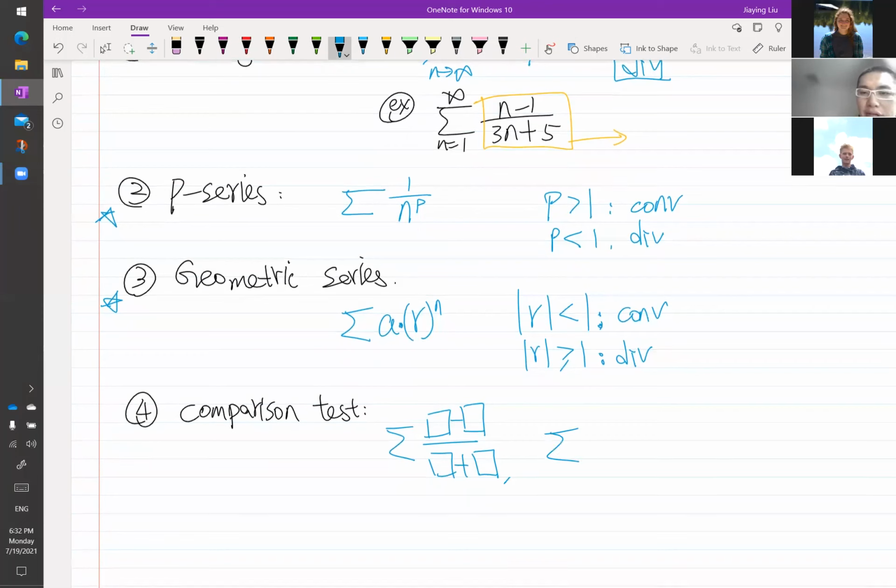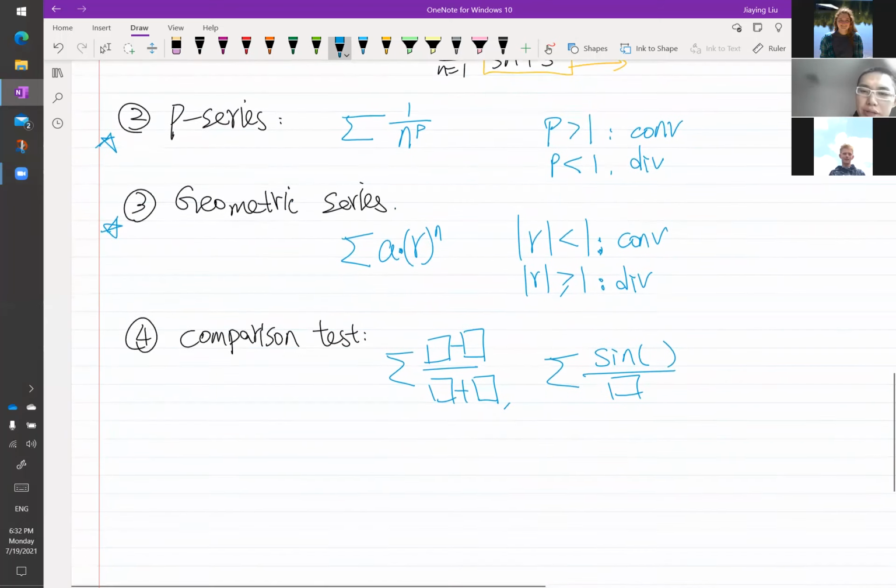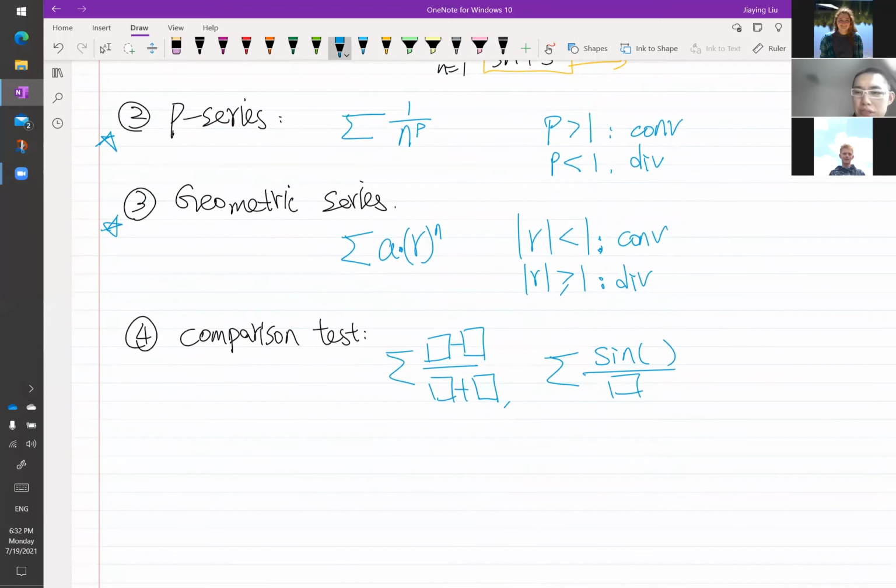Or if you have a sine or a cosine, which you have seen on the exam, you can use comparison, because sine, we know, doesn't matter what the expression with n is, whether n to the n or 5 to the n to the fifth, it's always going to be between 1 and -1.